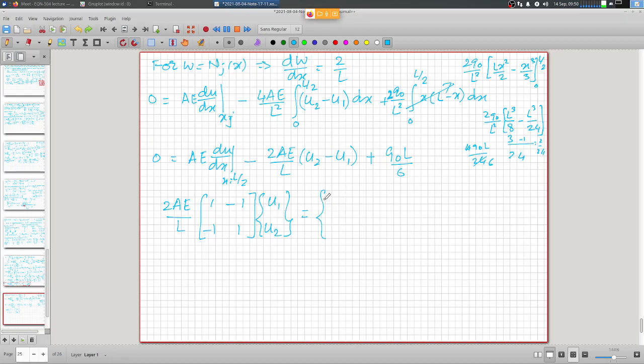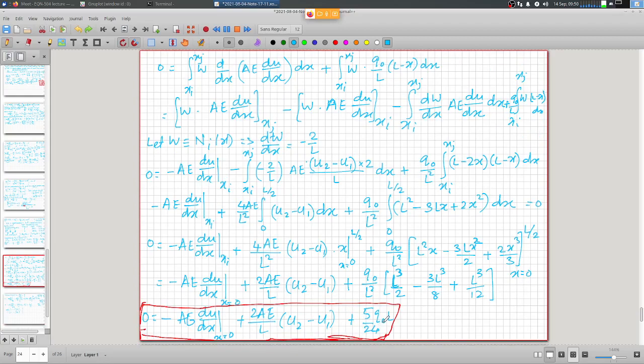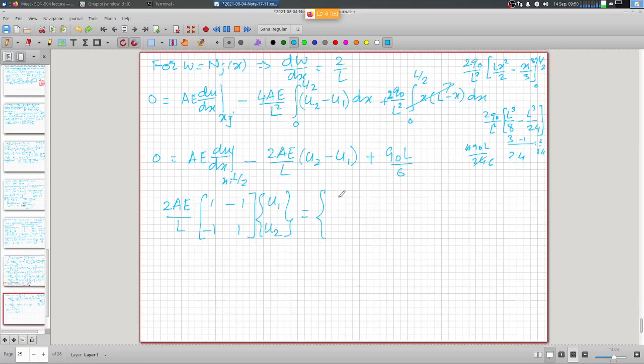Is equal to the first equation 5 q naught L by 24 minus AE du by dx at x is equal to 0, and here it is q naught L by 6 plus AE du by dx at x is equal to L by 2.